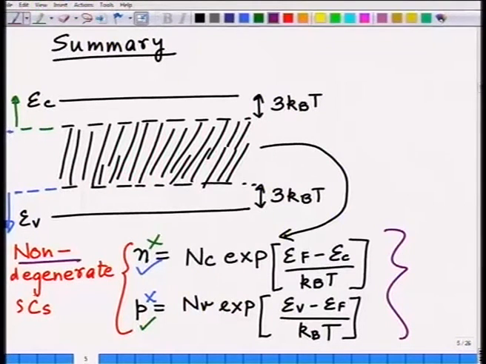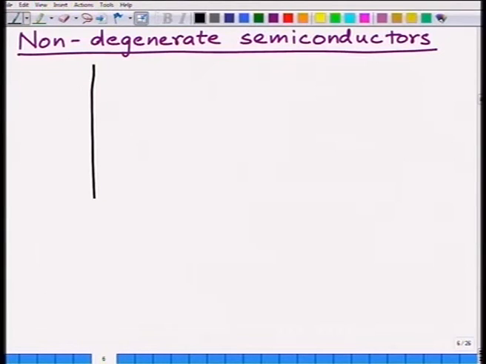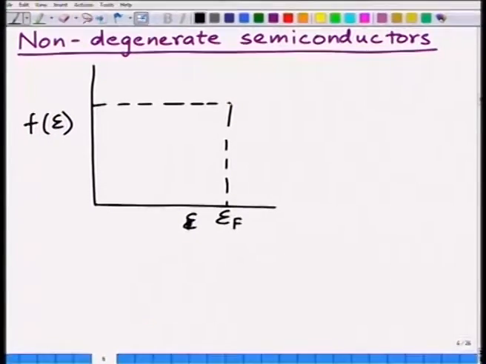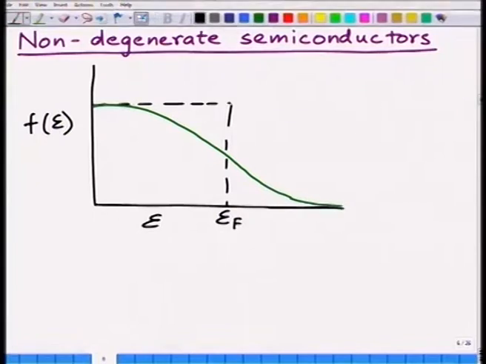Let us continue on non-degenerate semiconductors. Now, you should recall what I had taught you about the Fermi-Dirac function, the probability of finding an electron at an energy level. When we plot the Fermi function f of E versus energy, I had plotted something like this, that if this were Ef, then at any temperature the curve behaves like this.